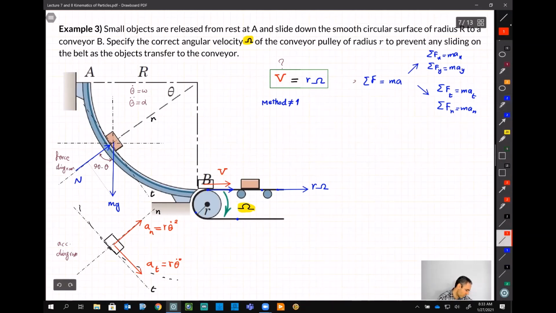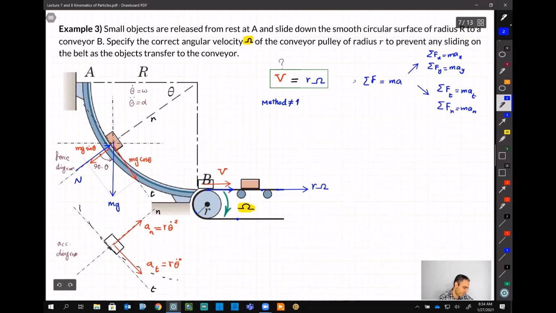Let me quickly do that, in T and N. What we get here is mg cosine theta, and this one is mg sine theta. Please check that I haven't made a mistake. This is 90 minus theta, right?